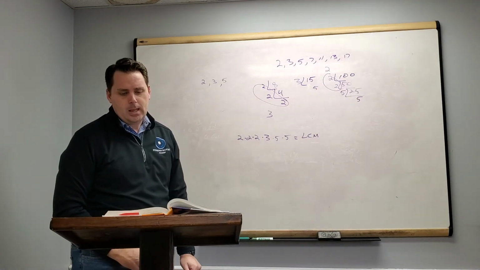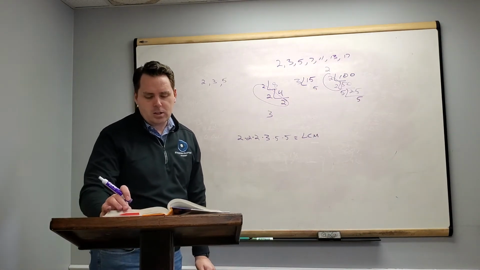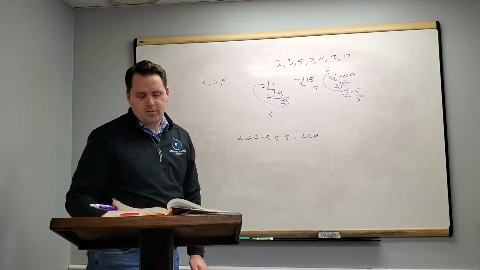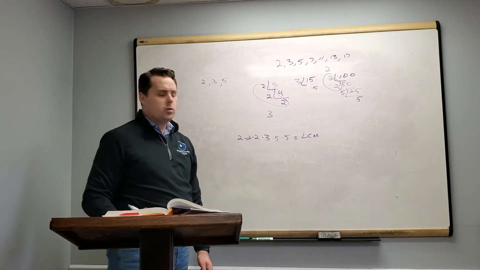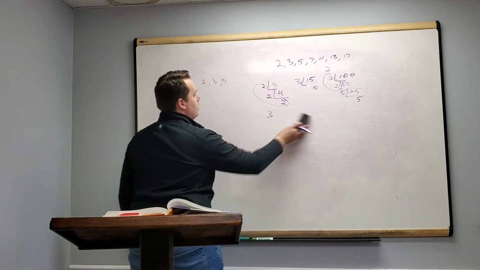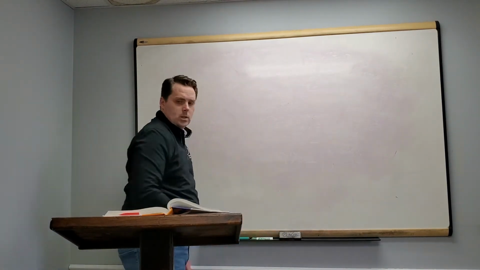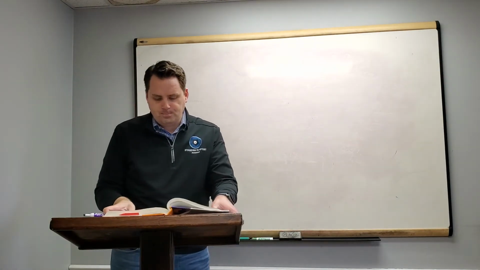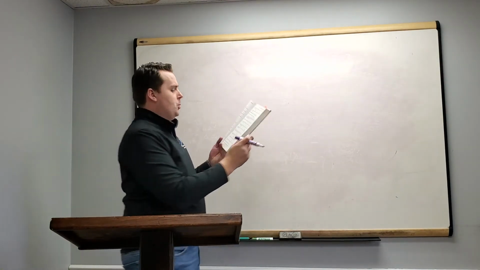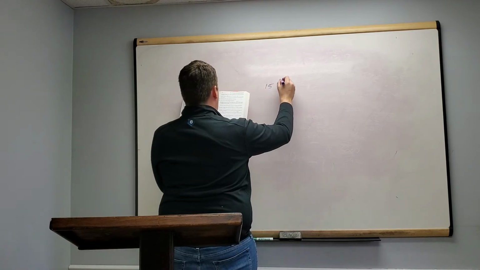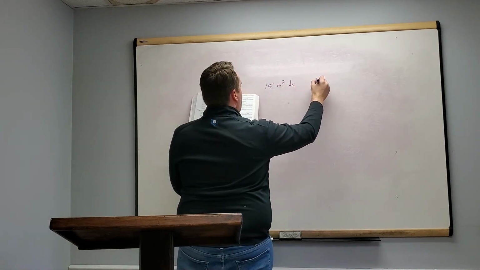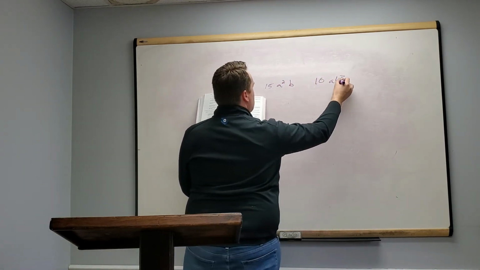Let's move on and look at least common multiples of algebraic problems. Look at 43.4, page 173. Find the least common multiple of 15a squared b and 10ab cubed.